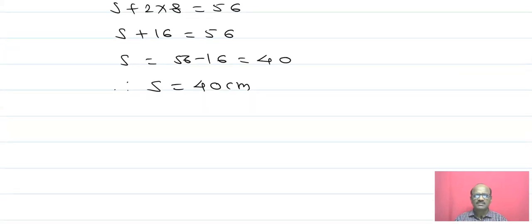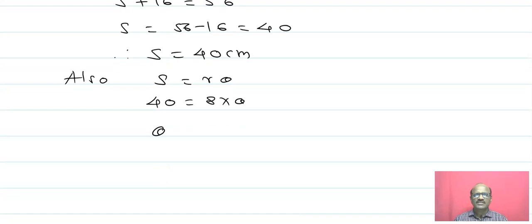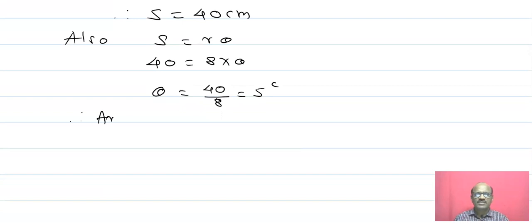Now here also S is equal to r theta, r is 8 and theta. Therefore theta is equal to 5 radian. Now we'll find out the area of the sector, that is 1 upon 2 r square into theta.